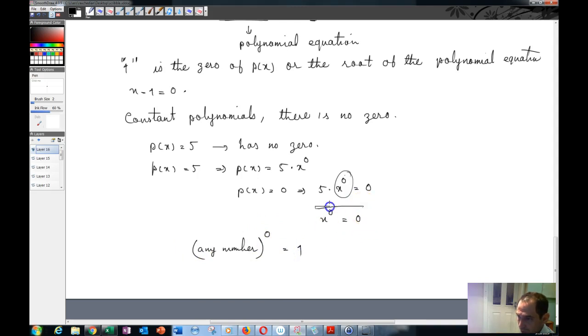So this is actually not defined in mathematics. There is no way to solve this equation. So basically, in the case of a constant polynomial, there is no 0 to find actually. And that's basically that.